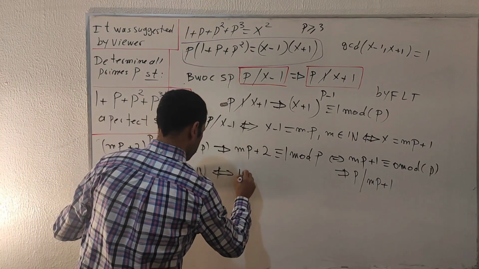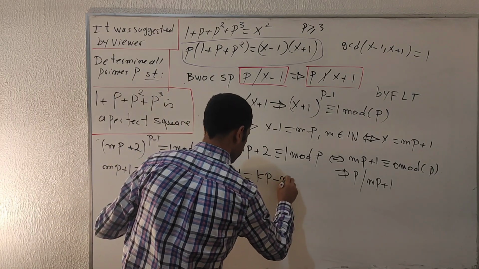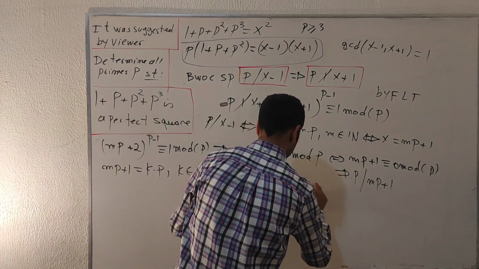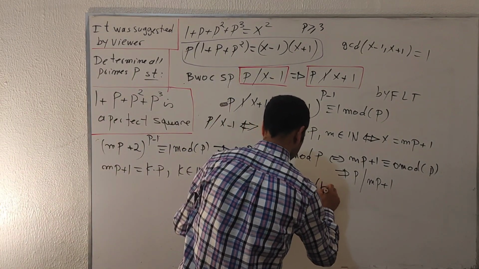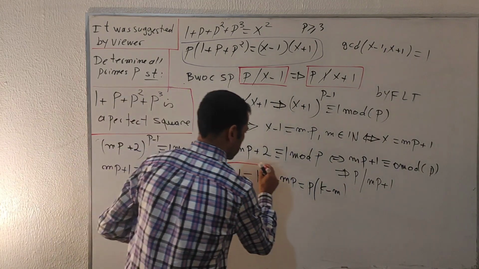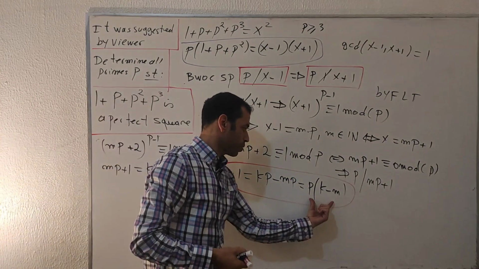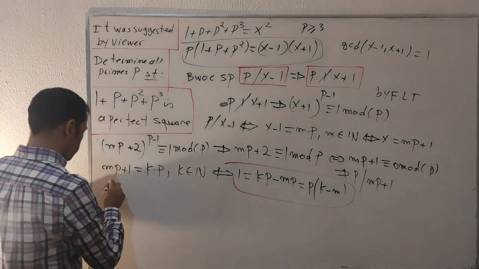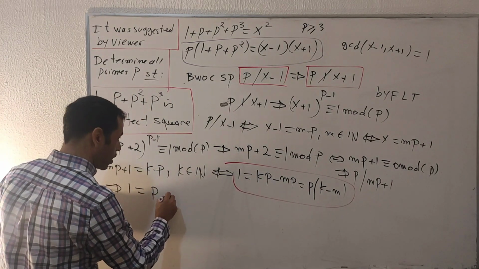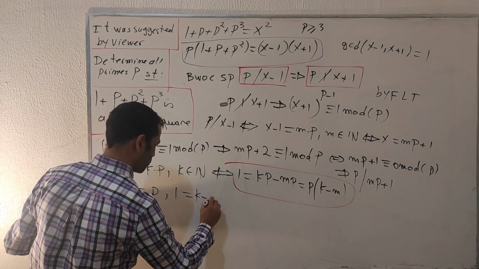I get 1 here equals kp minus mp, then taking p as a common factor for both terms, I get p multiplied by k minus m. So we have ended with this fact: 1 equals this product. This one is telling us 1 equals p and 1 equals k minus m.